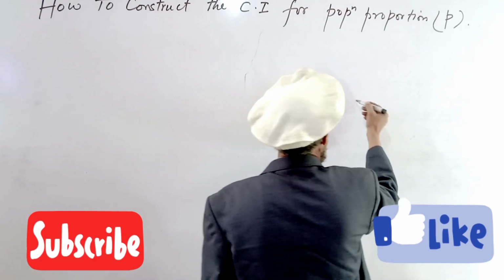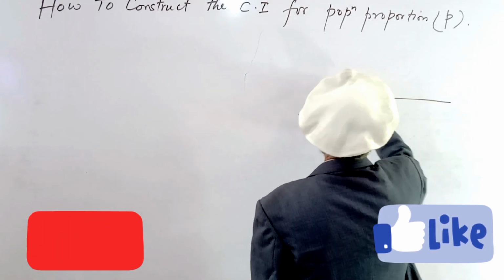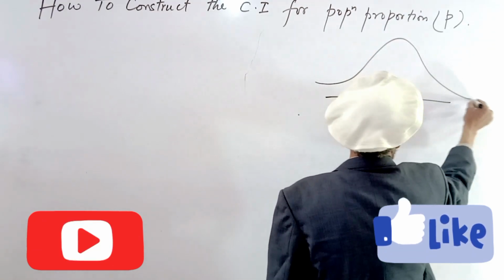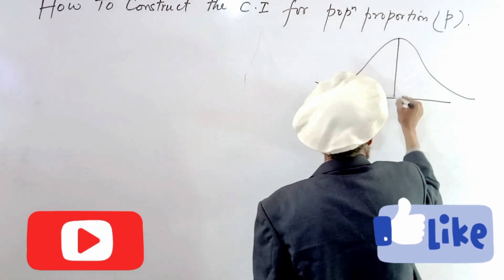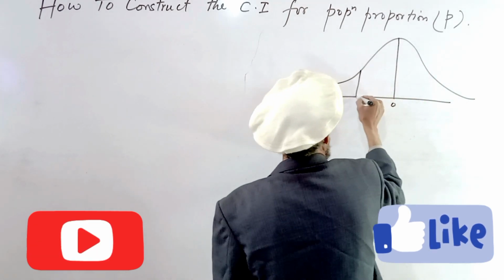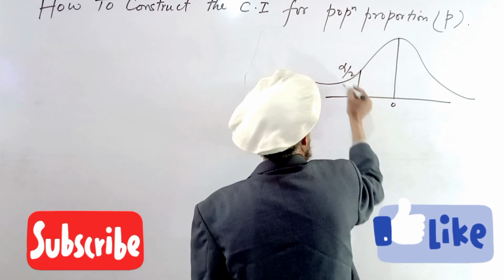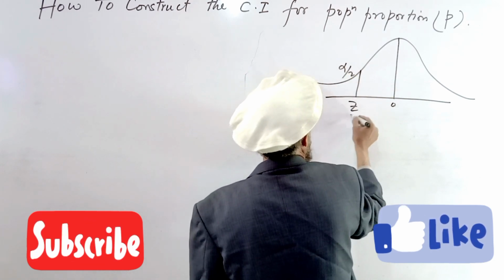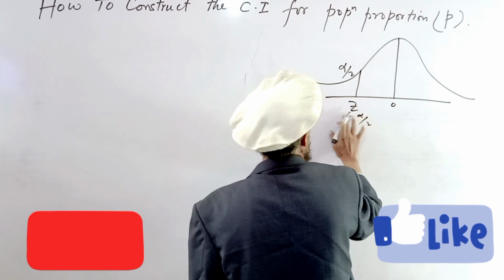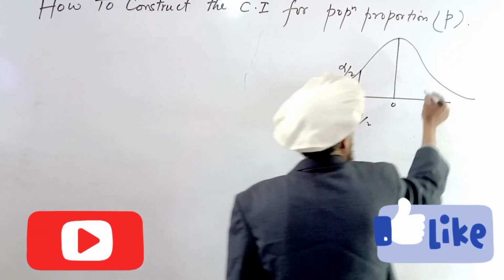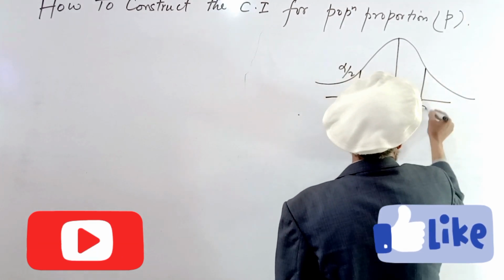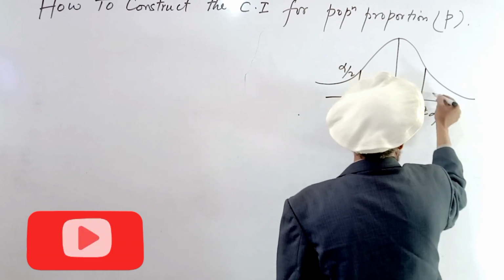So first of all, we make the curve. This is alpha by 2 on this side, minus z alpha by 2, and z alpha by 2 on the positive side.